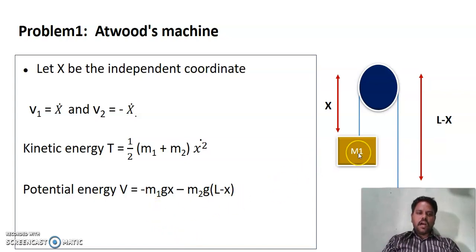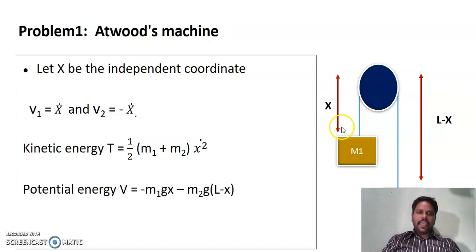Two bodies of mass m1 and m2 are connected with an inextensible string passing over a small pulley. This system is known as Atwood's machine. Atwood's machine is an example of a conservative system with holonomic constraints.